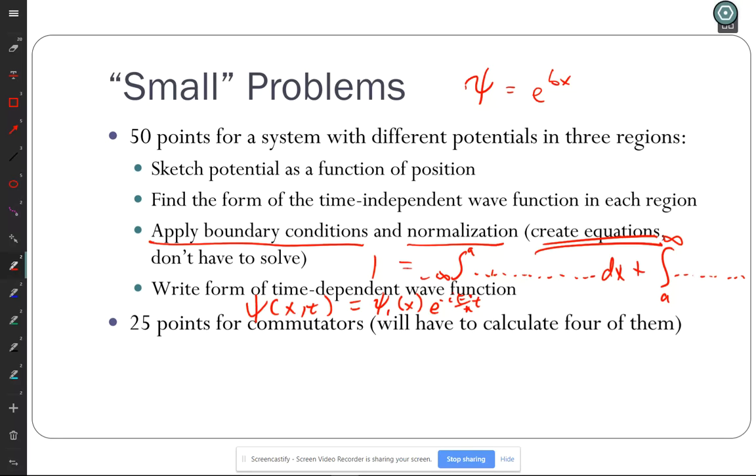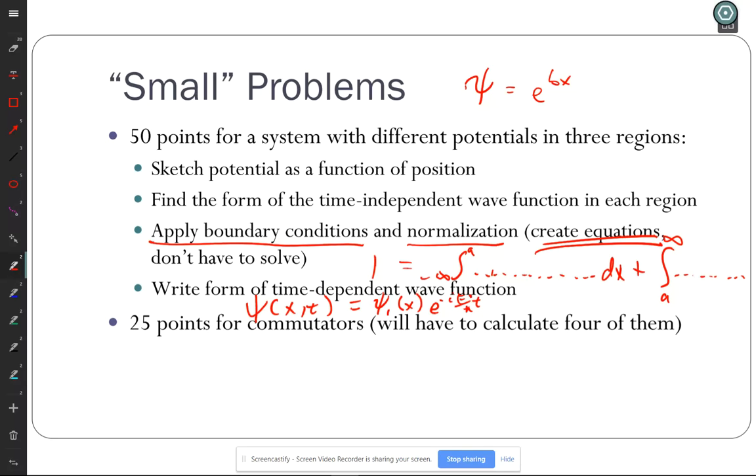Okay, so that's 50% of your points in the test there. 25% is going to be in doing 4 commutators. So make sure you review how to do a commutator. What about that one that you threw out on the homework? These are not the ones I threw out in the homework. Sure, but would you expect us to do one that was similar to the one that you threw out? No. These are actual realistic commutators, not bizarre ones.